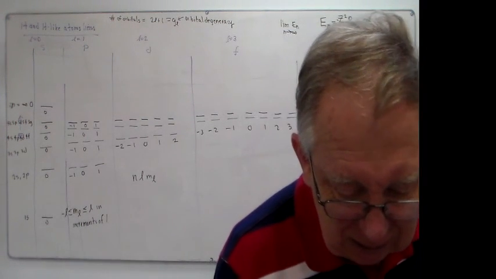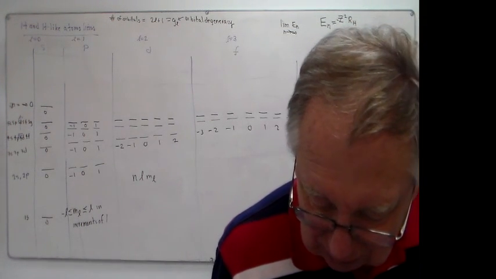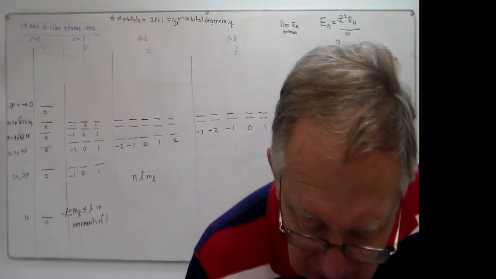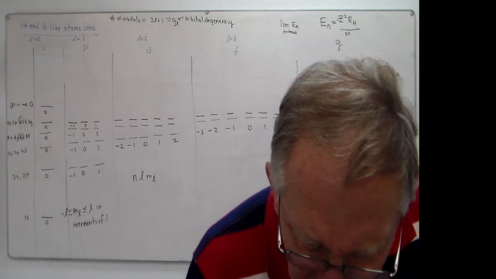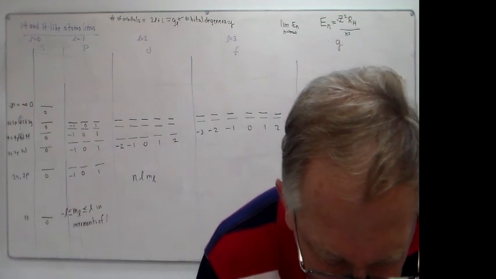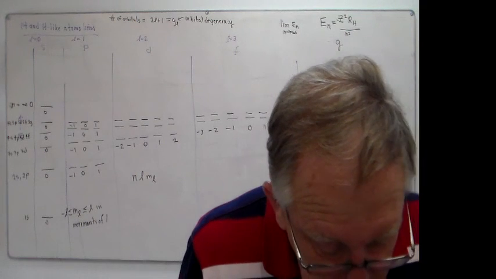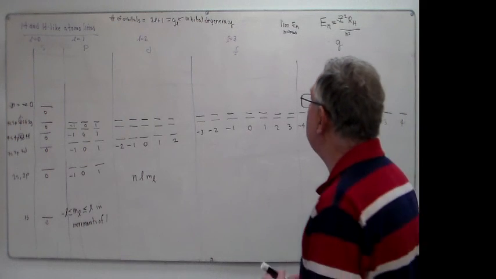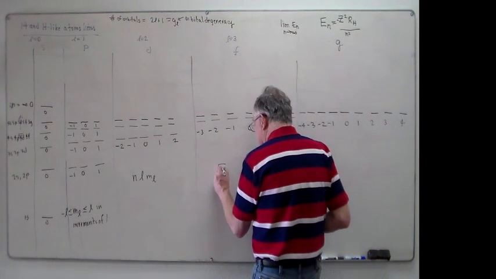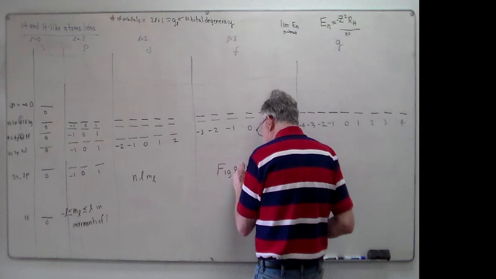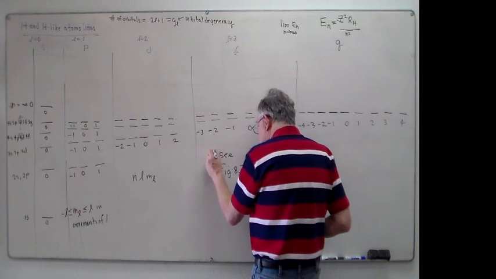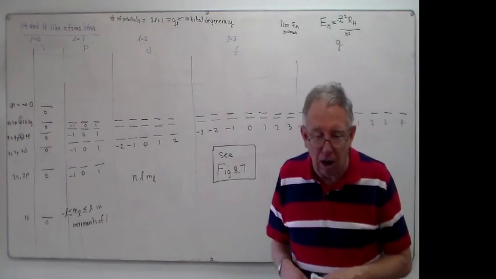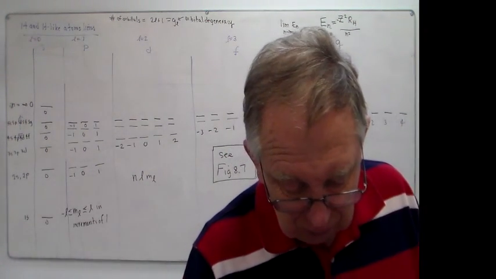Now, let's take another look at things. This same picture in a highly compressed form, you can see, by the way, as figure 8.7 in your book. So this is how atomic energy levels look.